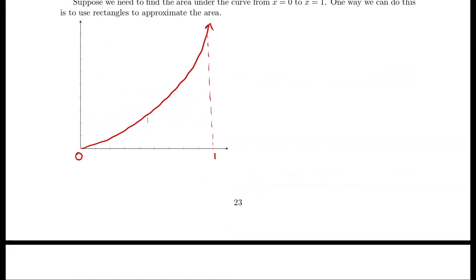So let's say we have a quarter, a half, and 3/4 of the way along. That means this point here is going to be 0.25, this is going to be 0.5 here, and this point here is going to be 0.75.